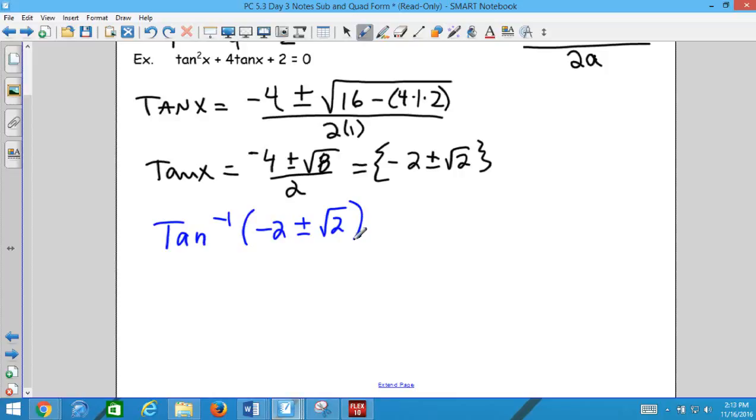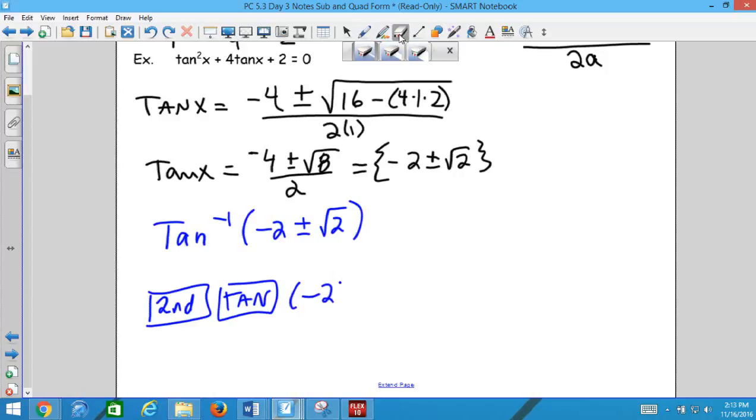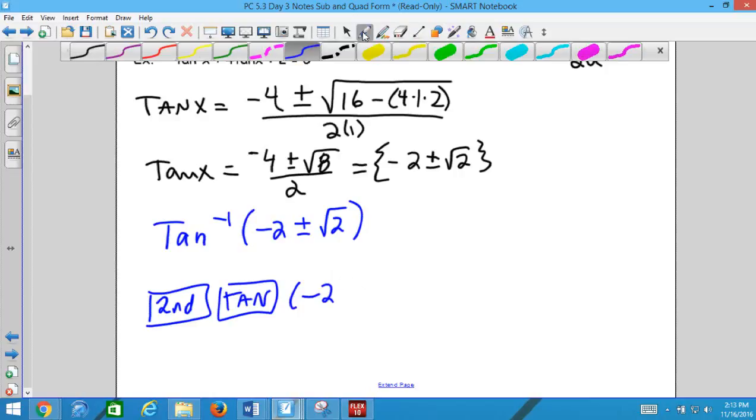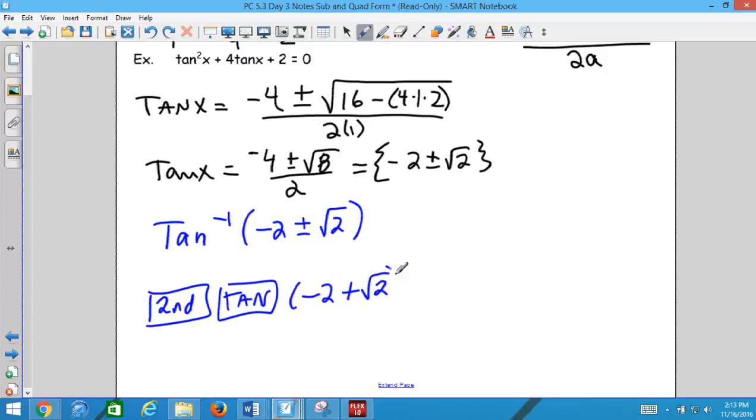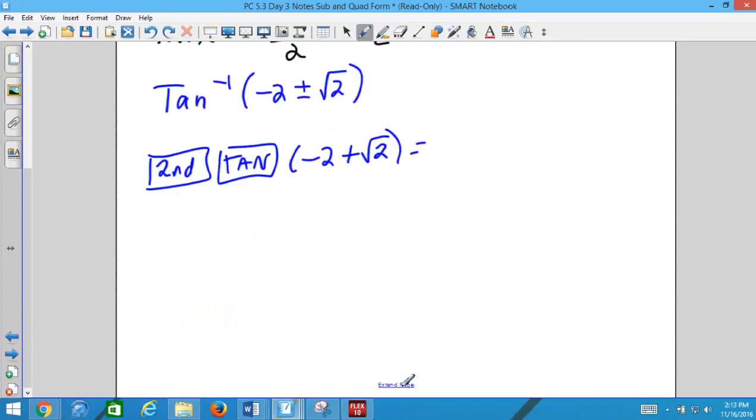So you're going to find where the angle is equal to, and you can't type in plus and minus, you've got to do them separate. So you're going to find just one of them. Let's start with second tangent, negative 2 plus square root 2. Let's type that one in. We'll just do the plus to start. Second tangent.